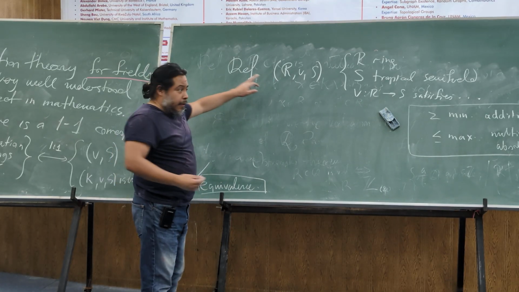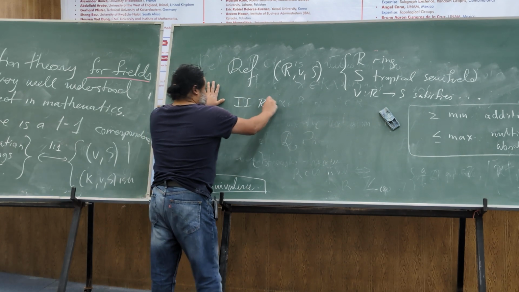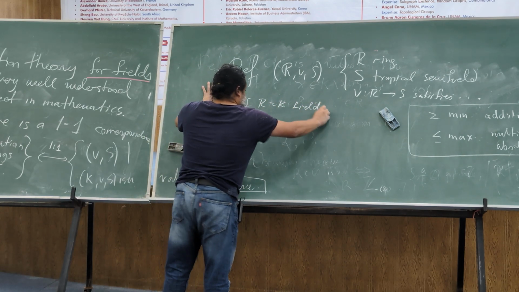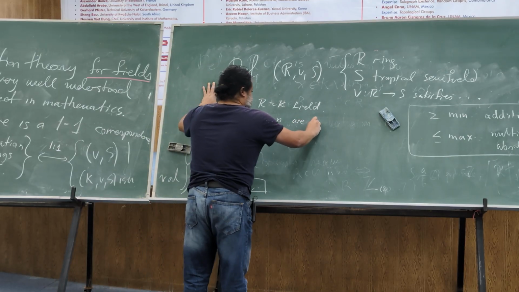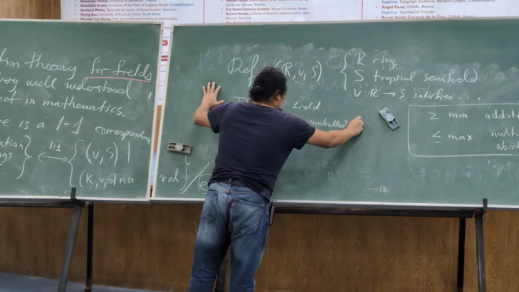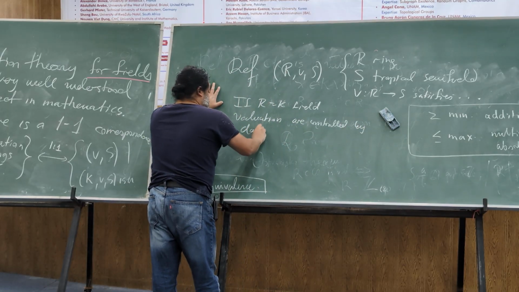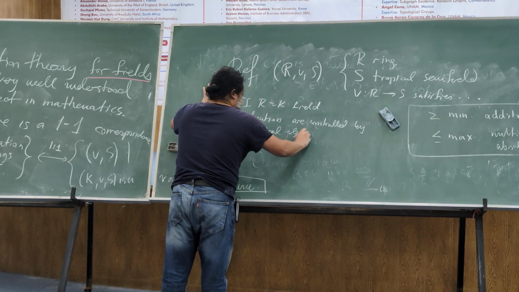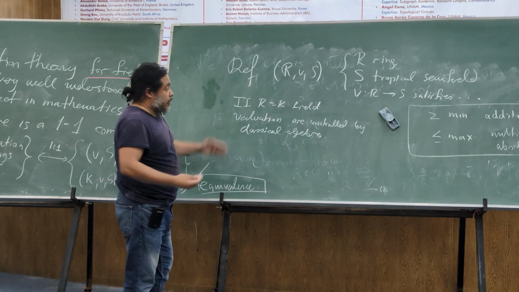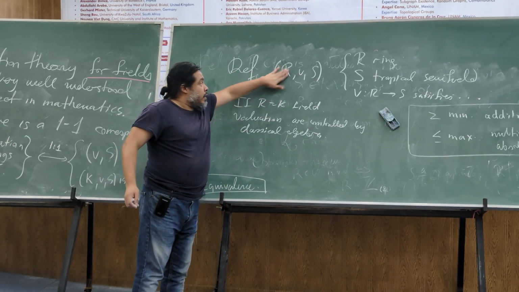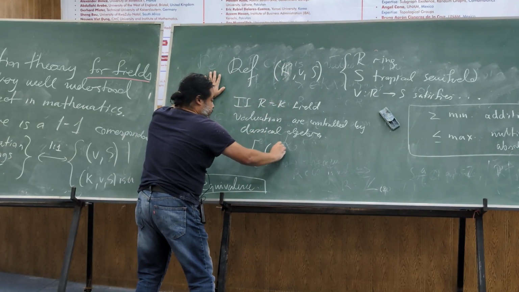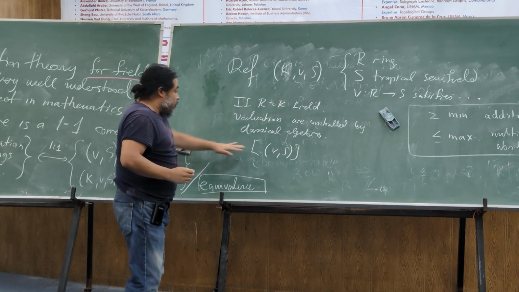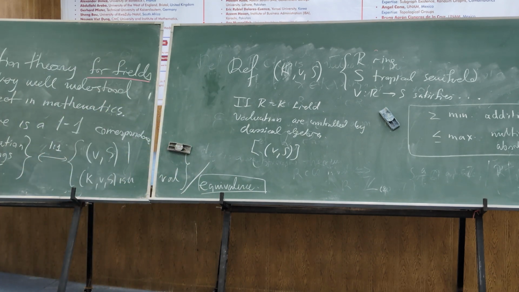If R is a field, valuations are classical algebra. Because if I have a valuation over a field, I take its equivalence class, and this equivalence class is going to correspond to an algebraic object, which is a valuation ring.